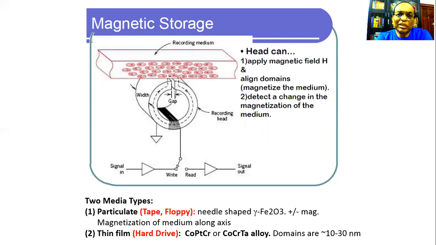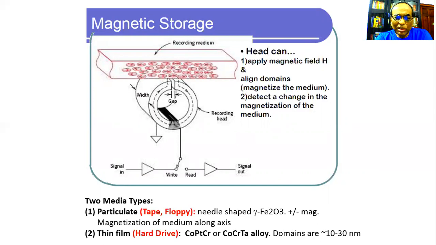And the recording medium is particulate tape, floppy, needle shaped iron oxide granules, with magnetization of the medium along the x-axis. So the magnetization direction is fixed.